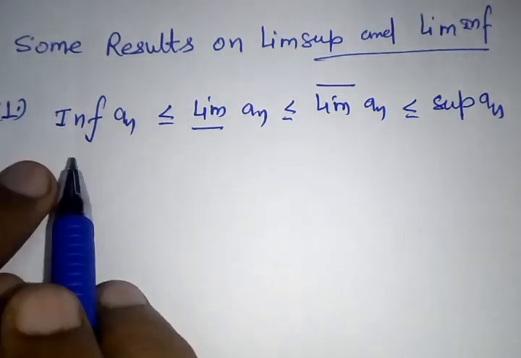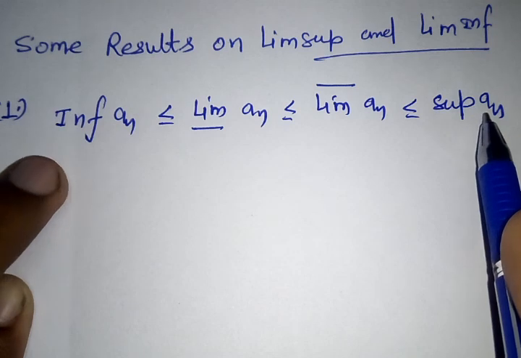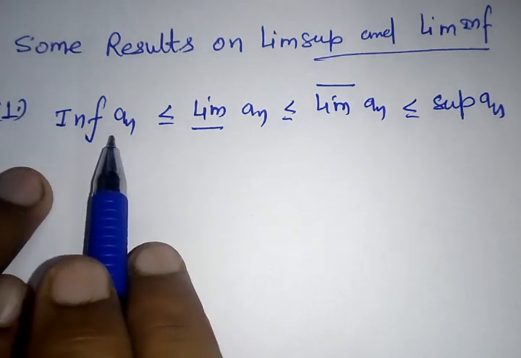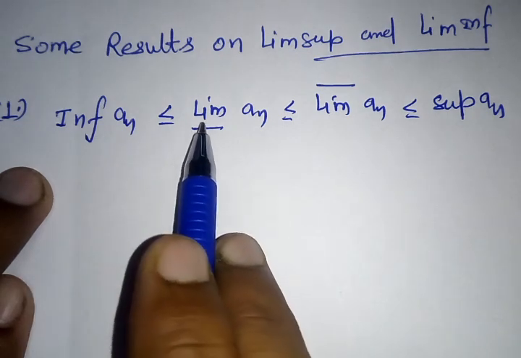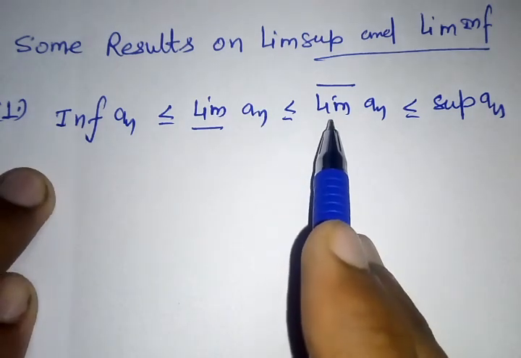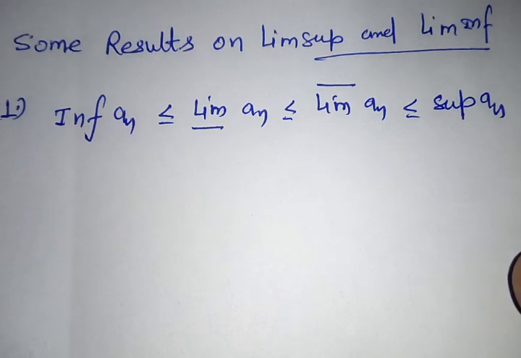Okay, so infimum is always less than or equal to supremum of the sequence, and infimum of the sequence is less than or equal to limit inferior, and limit inferior is less than or equal to limit superior, which is less than or equal to supremum of the sequence.